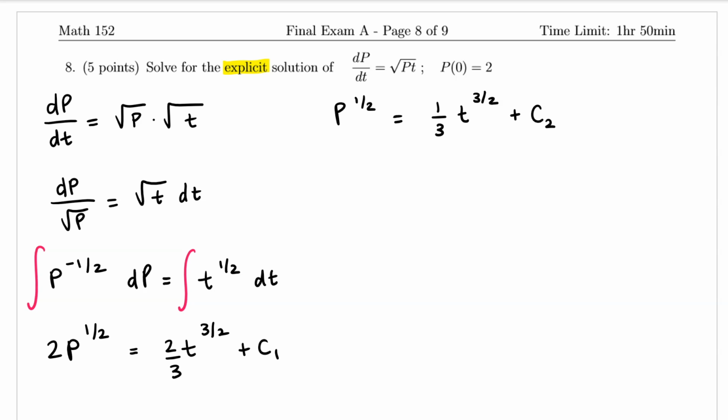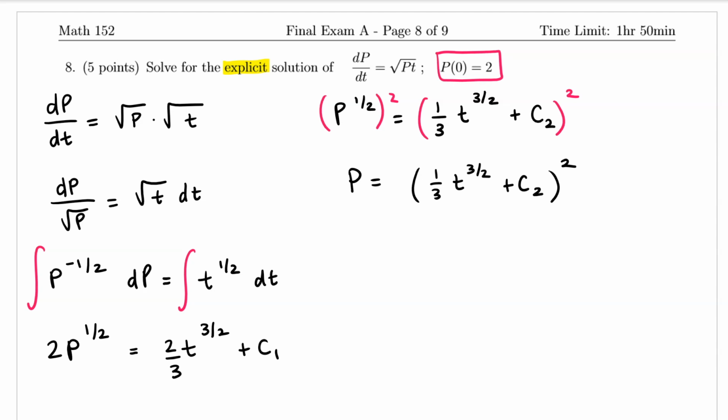From here, I'm going to square both sides because I would like to isolate P. Then I get capital P is equal to 1/3 t to the 3/2 power plus C2, squared, and that is our general solution, but we are given P of 0 is equal to 2.